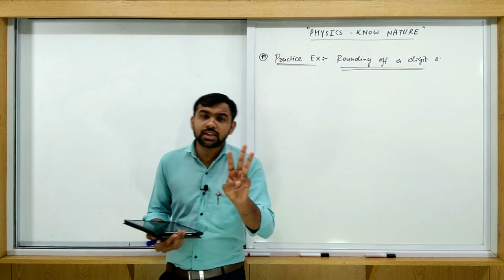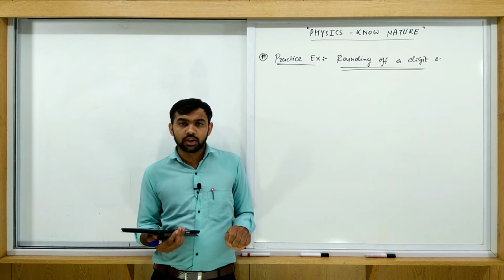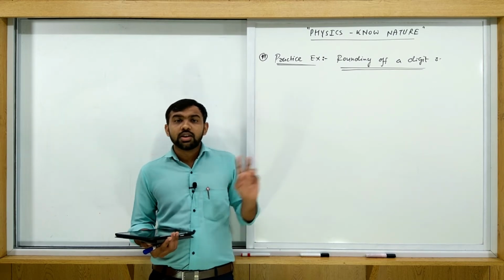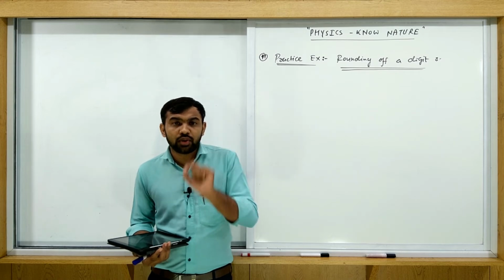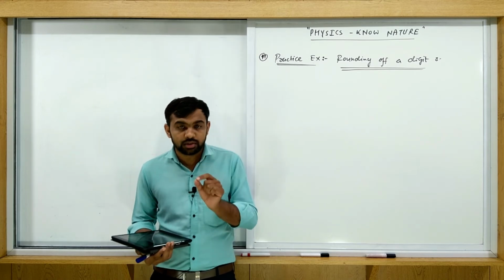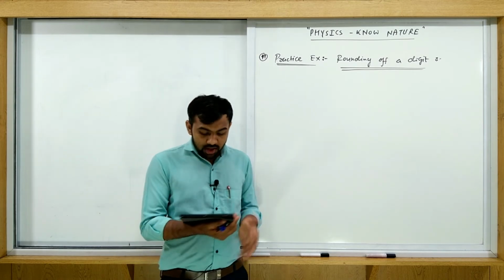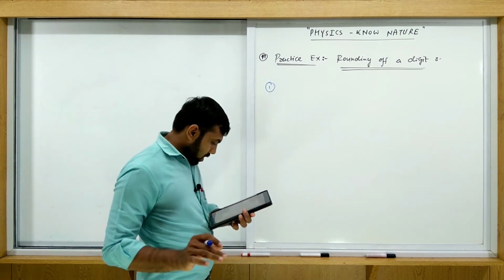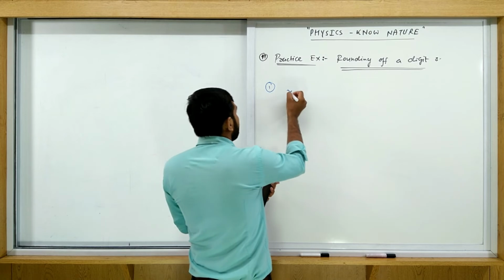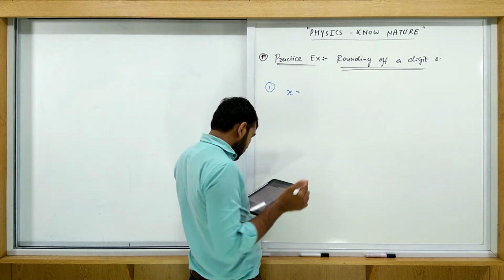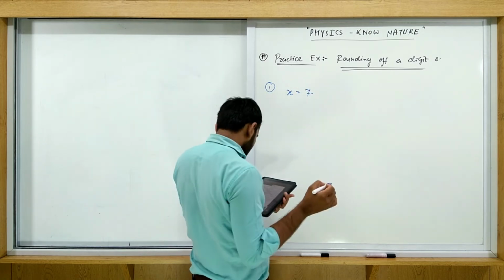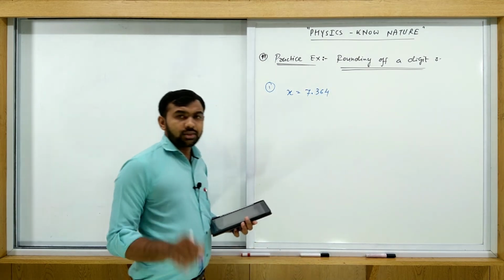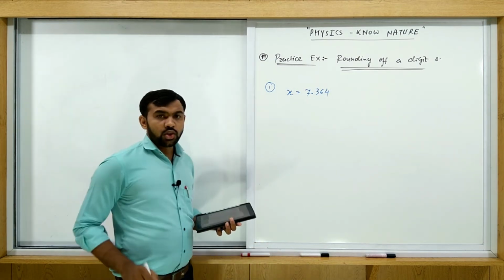In this whole example we just round off the digit up to 3 significant digits. First one is this one, and for the second one, after whatever I write the number here, you just pause your screen for 20 seconds and write the answer with the rules. Then after, you compare your answer. Okay, write on the first one, example number 1. First one, x is equal to 7.364. All of you guys pause your screen for 20 seconds and write the answer. Your time starts now.